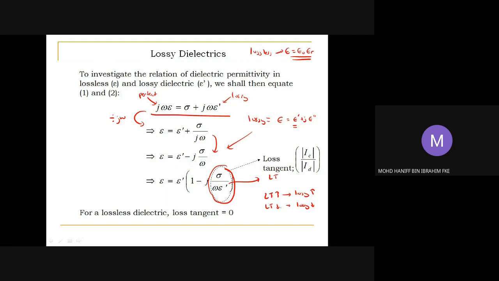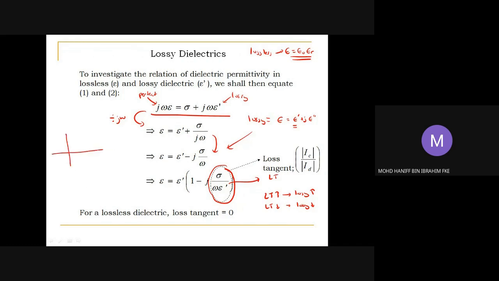I repeat again, loss tangent is a parameter which is used to quantify or show the lossy behavior of the dielectrics. If loss tangent is higher, the dielectric is very lossy, and if the loss tangent is smaller, the dielectric is less lossy.